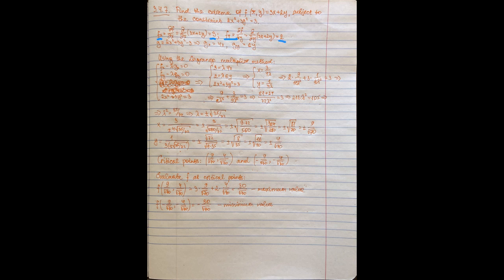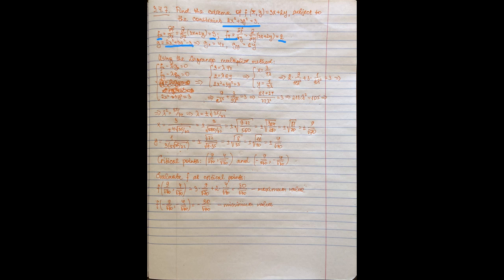And then the next thing I do is just identify the constraint function, because here we have the equation and we have to identify what function we have so we can take the derivative of it. So in this case, I just move 3 to the left, and this is going to be my function g.